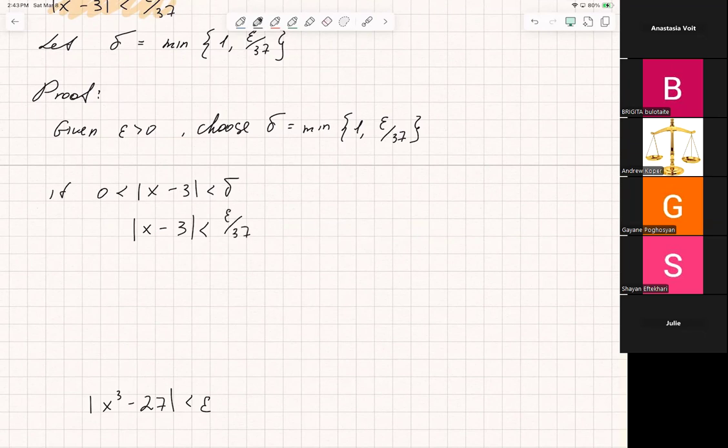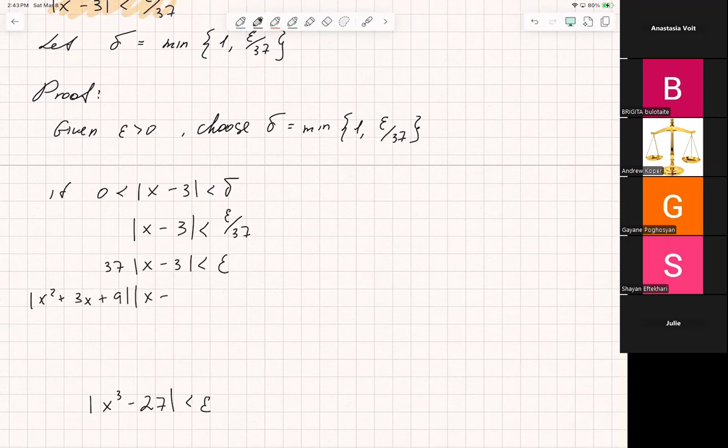We can multiply both sides by 37. We have 37 times absolute value of x minus 3 less than epsilon. And we know that this 37 is the upper boundary for our x squared plus 3x plus 9.